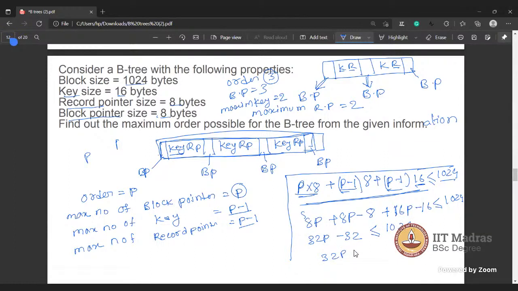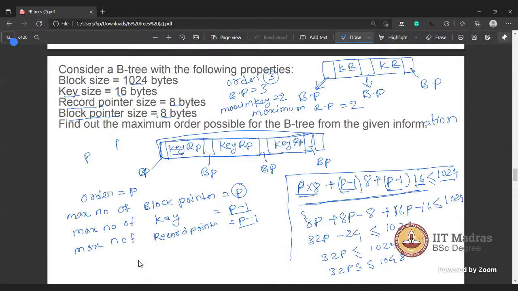32p, oh sorry. So 32p is less than or equal to 1024 plus 32. What will be the sum? 1056.